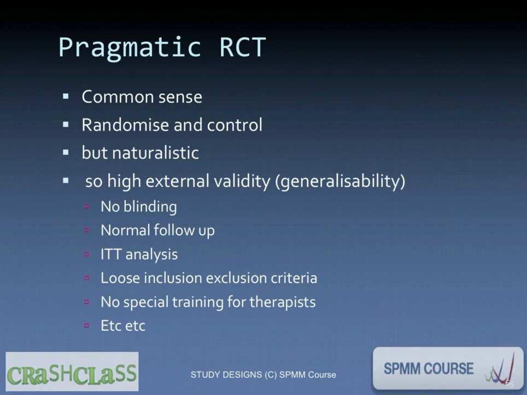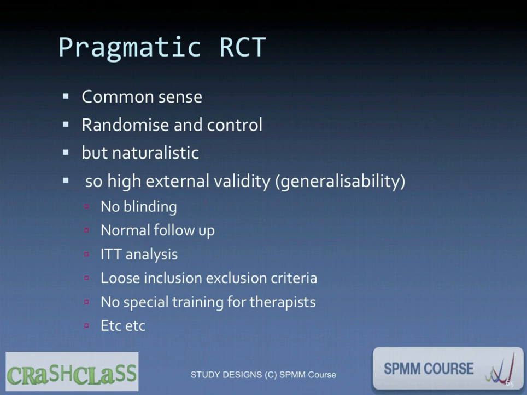You do not offer excessive follow-ups. In an RCT, people are followed up more frequently than they're required to. This creates a bit of a difficulty because you can't do that kind of intensive follow-up in real-world practice. So if you reduce the frequency of follow-up, that also makes an RCT more pragmatic. If you do ITT analysis, intention to treat analysis, that also makes an RCT more pragmatic.